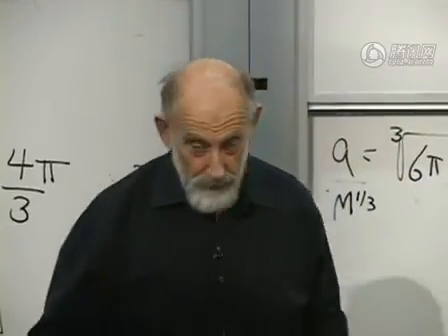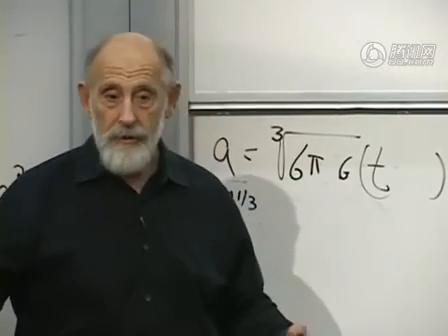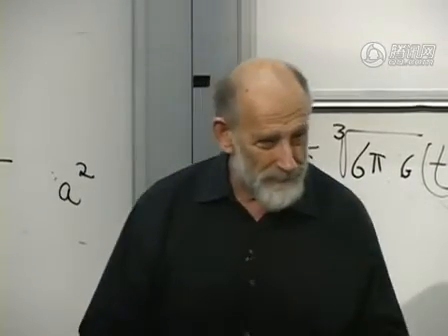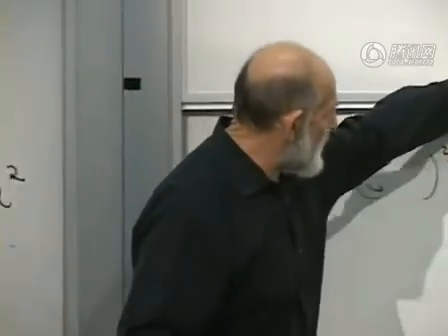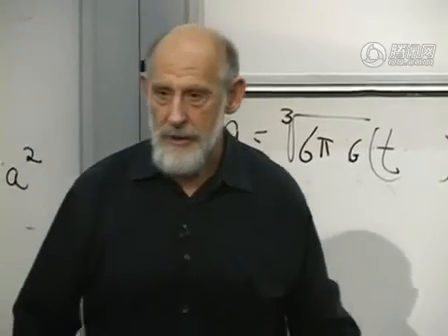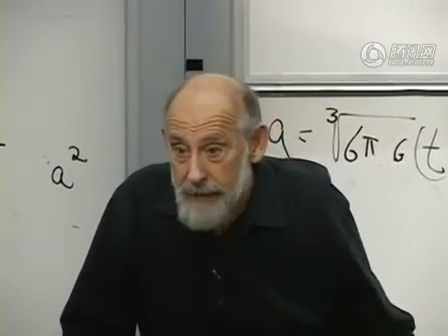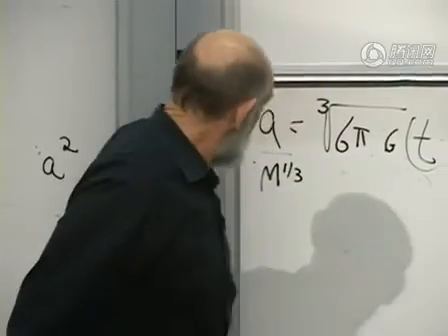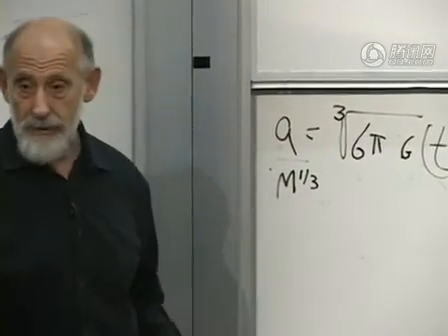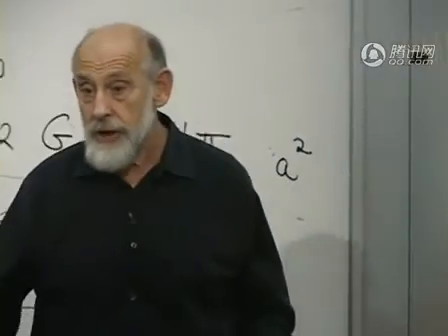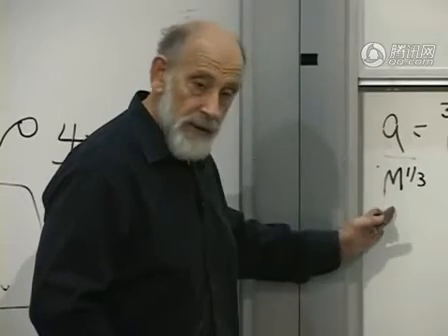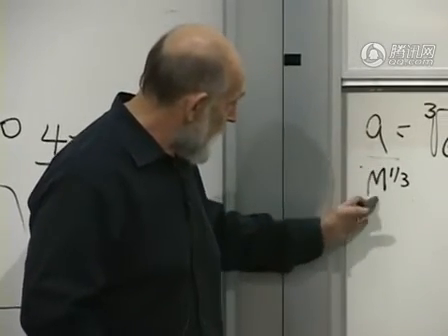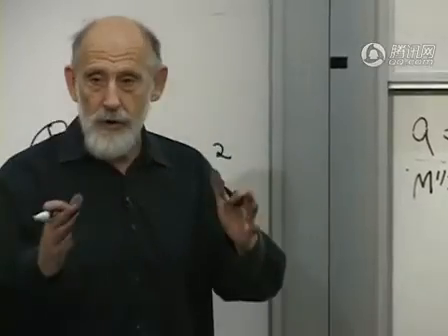Supposing I double the size of the box, let's call it the fiducial box, what happens to m inside it? It gets multiplied by 8, right? What happens to A divided by m to the 1/3? It doesn't change. So this is really the quantity which is independent of your choice of conventions for how you choose the grid.